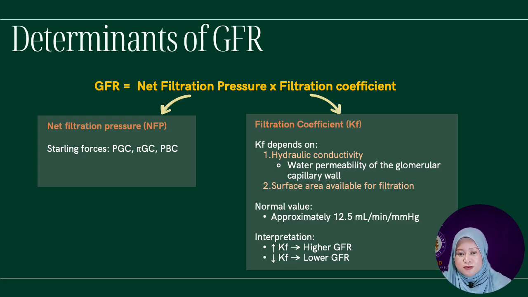For example, changes in blood flow can alter glomerular hydrostatic pressure, or damage to the filtration membrane, such as in glomerular disease, can reduce surface area or alter the permeability of the membrane. So both of these situations can affect GFR. When we talk about changes in GFR, we are really talking about changes in pressure, structure, or both.